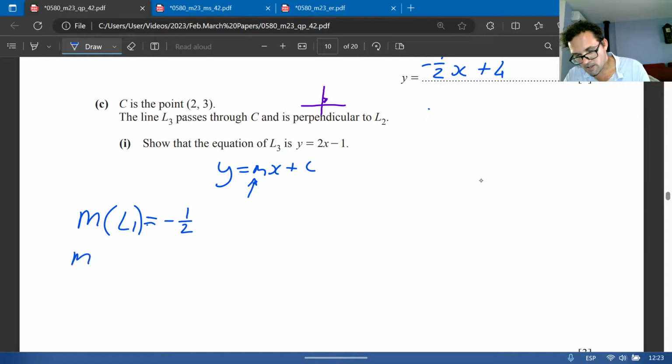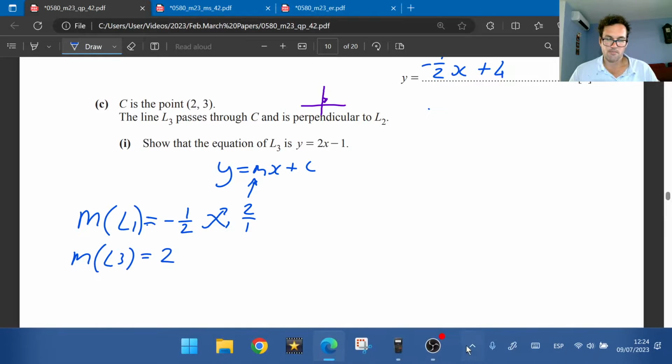So the gradient of line 3, now if they are parallel, it's the same. If they are perpendicular, what's it going to be? We need to invert and change the sign. Invert means we swap that around. So it becomes 2 over 1, and a negative becomes a positive. 2 over 1 is the same as 2.